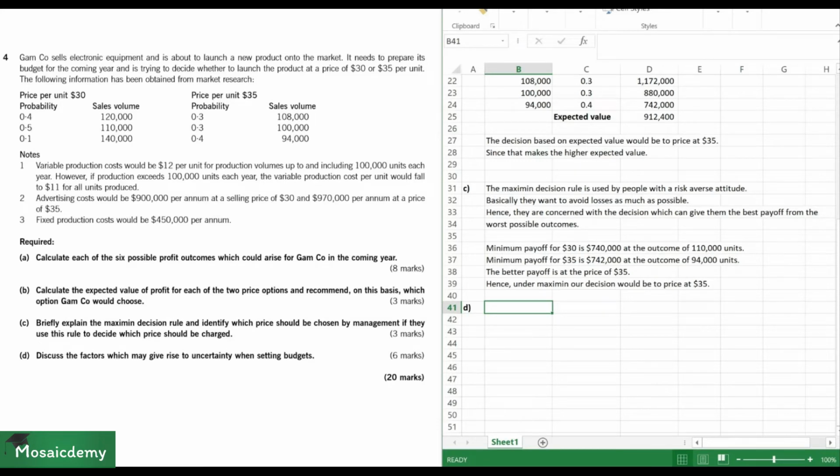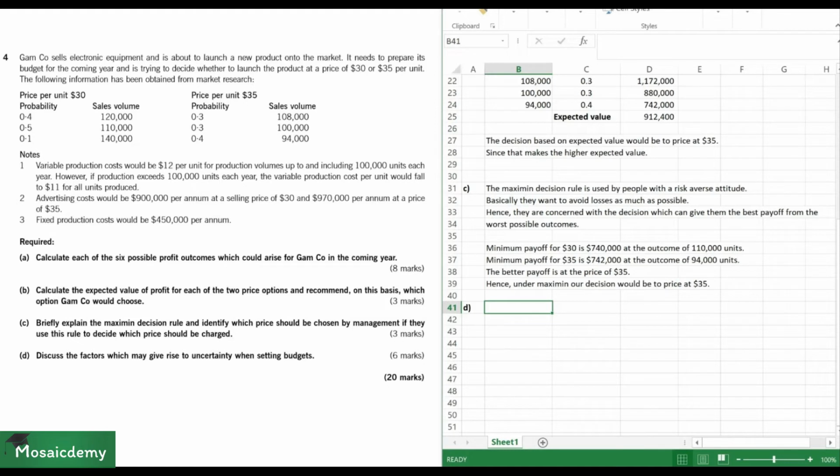So let's think about this, right? Which factors may give rise to uncertainty when setting budgets? If you're setting a budget, think of yourself as a manager in a company. What things will you be concerned about when setting the budget? What could cause uncertainty? Generally, uncertainty has less to do with your own internal operations, though there could be some uncertainty there, and more to do with the external environment.